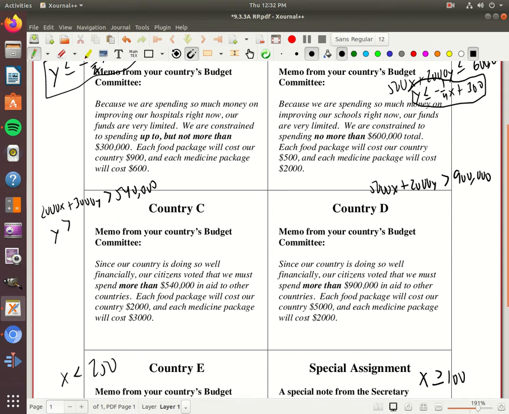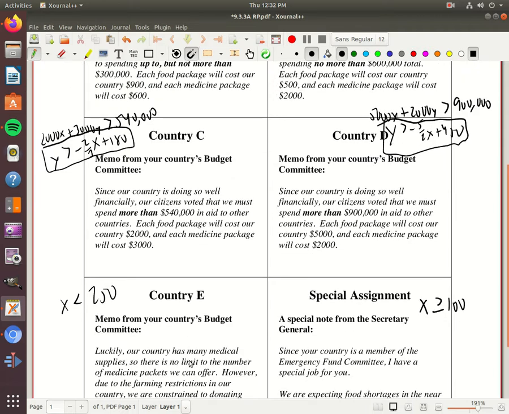Here, I'm going to get y is greater than negative 2/3 x plus 180. For D, I'm going to end up getting y is greater than negative 5/2 x plus 450. And we already have E and F, so I guess we'll call this F.